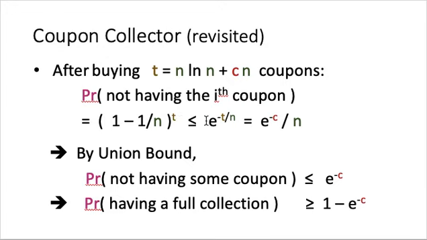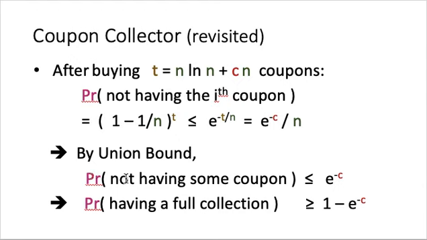And this value is roughly e to the power minus T over n. And T over n is log n plus c. So this is the same as e to the power minus c divided by n. So this is the chance of not getting a particular coupon.